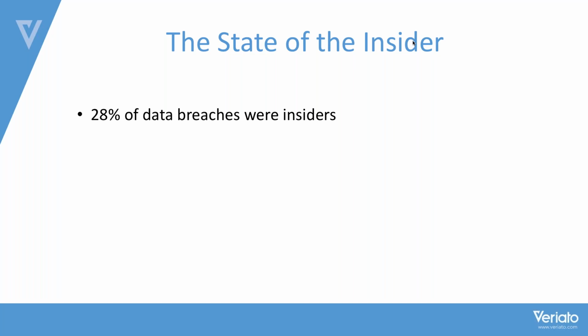They can hit every IP address on a set of ports, or get millions of email addresses and send out phishing emails in an attempt to get a number of companies infected. It's very easy to be an external attacker. Being an insider is a very personal thing that one person or a number of people are doing physically within the organization. So this 28% is actually a huge number.